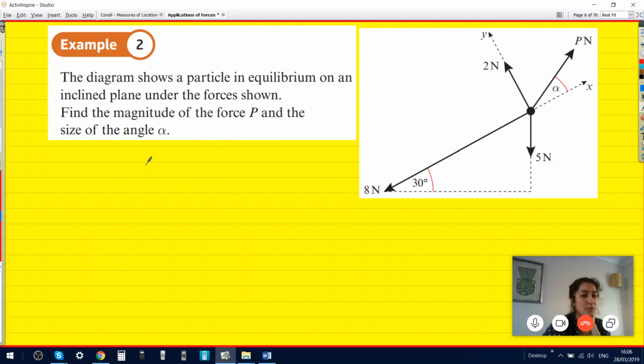Oh, find the magnitude of the force P and the size of angle A. So if that's 30, then this angle... are we assuming that's the right angle or not? The other side of that triangle. We're allowed to do that? Yeah, I believe it is.